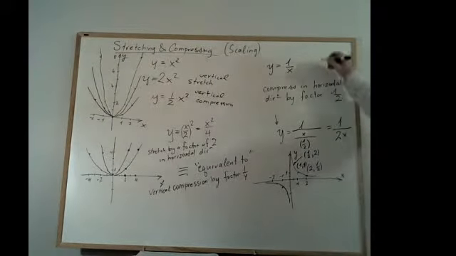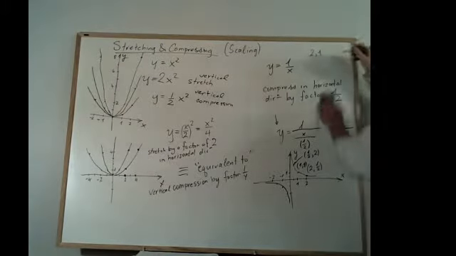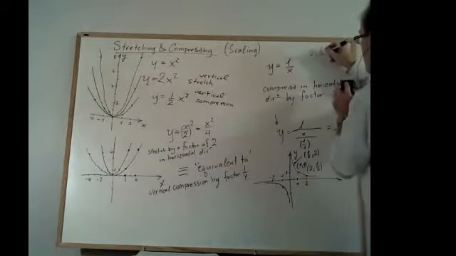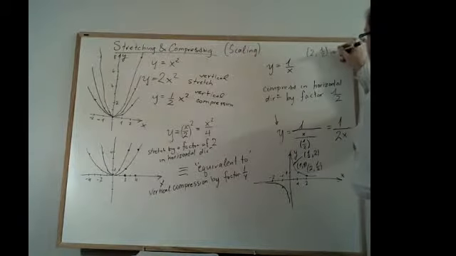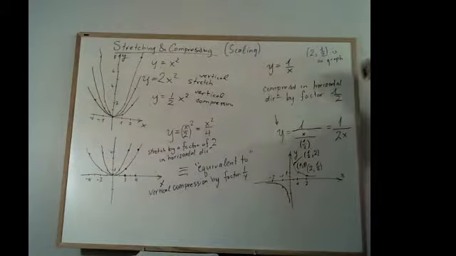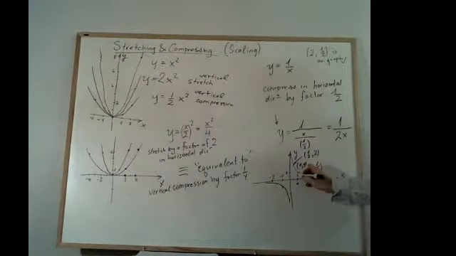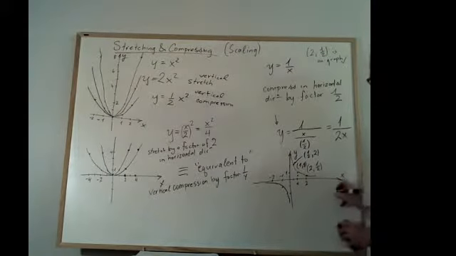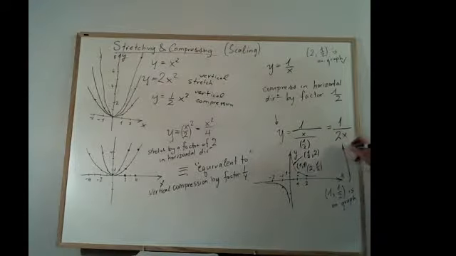Okay, so this point is on the graph for this equation over here, whereas over here, 1, 1/2 is on the graph of this equation.